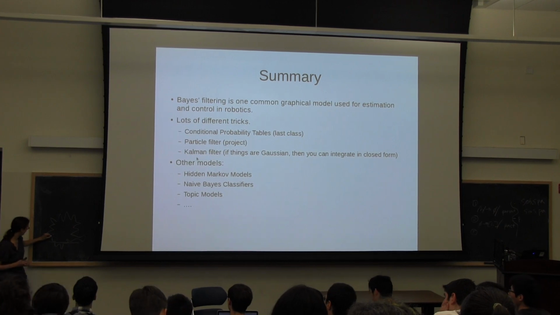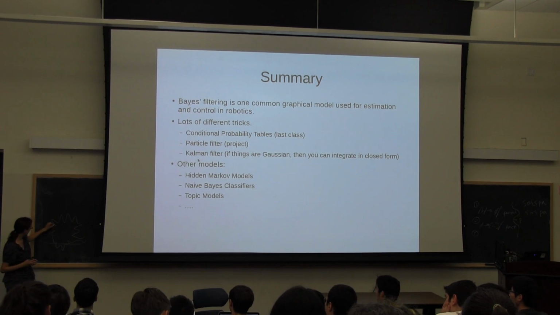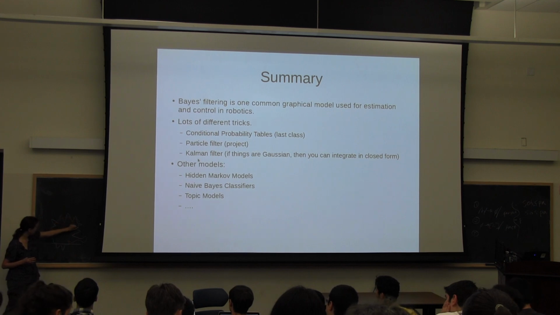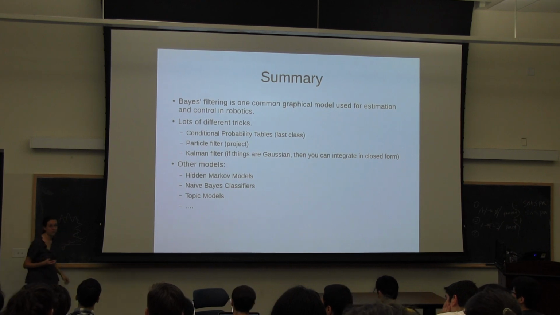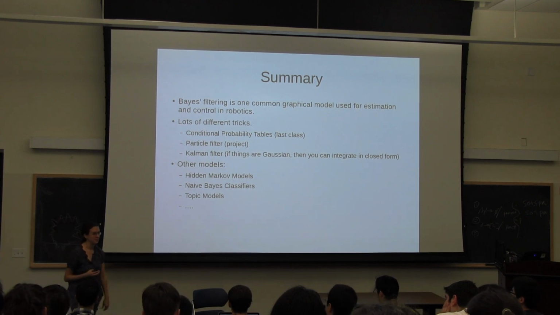Filtering is about what's really happening, despite this noise, which is a smooth thing. That's really what I think is happening. So filtering is going from the noisy thing to the smooth thing. Okay, does that help?